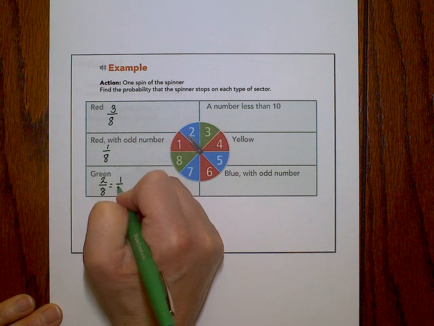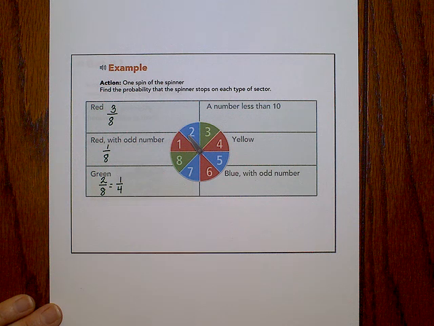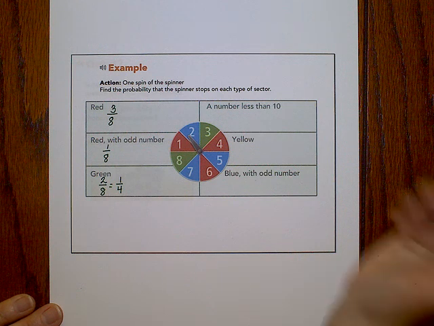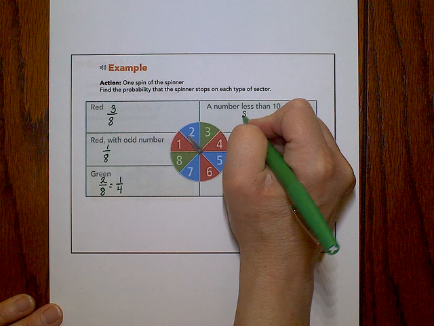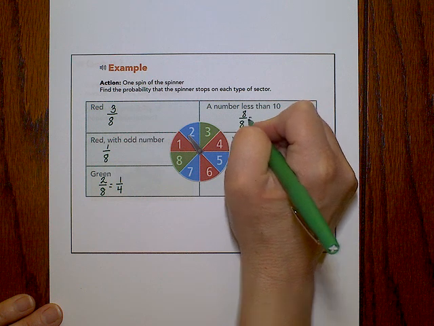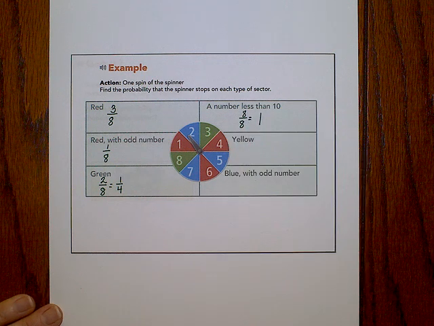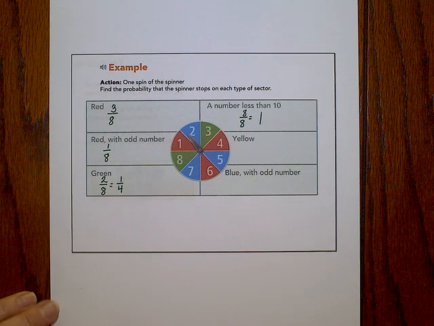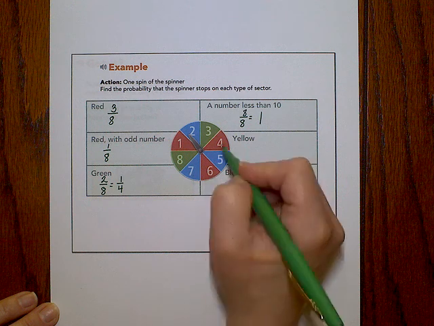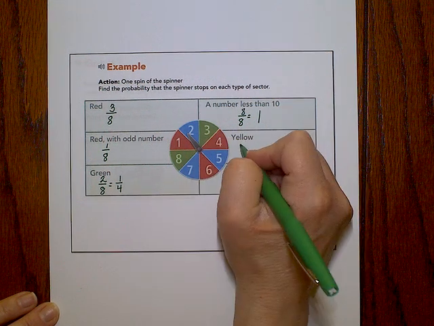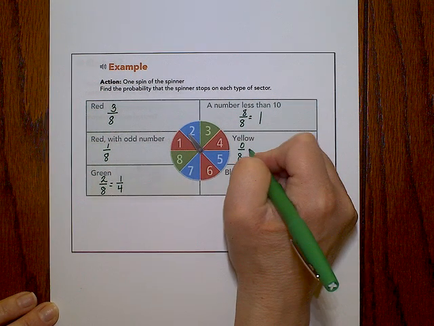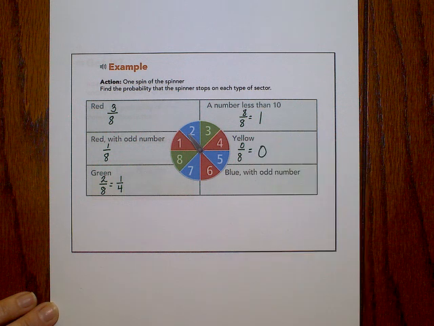So 1/4. A number that is less than 10. Well, if we look at this spinner, every single number is less than 10. So that's 8 out of 8, which gives us a probability of 1. Landing on a yellow, there aren't any yellows in this, so that's 0 out of 8, which is going to be 0.